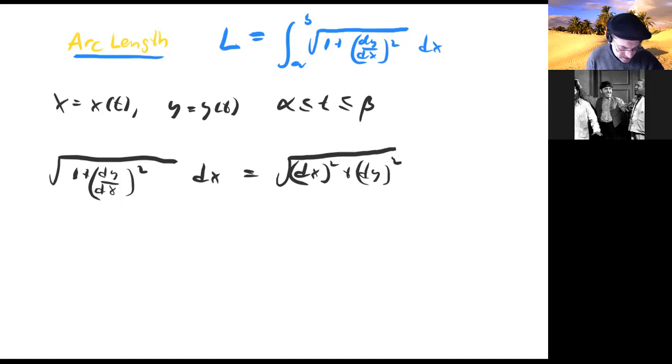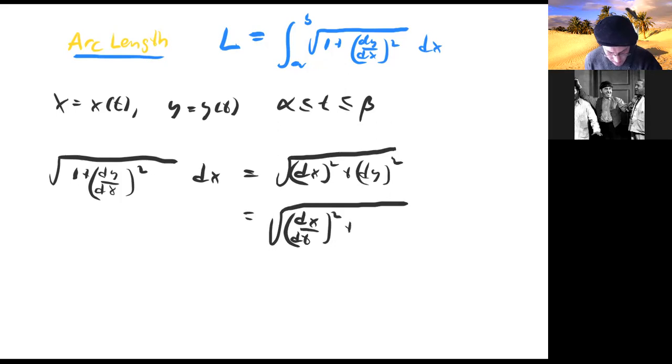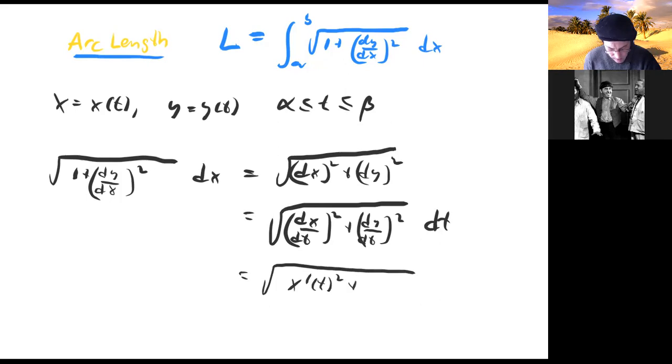Now I can divide by dt squared, and I'll get dx dt squared plus dy dt squared, and the dt on the outside. So you can easily see that this last line is equivalent to the previous line. And this is the same thing as the square root of x prime of t squared plus y prime of t squared dt.